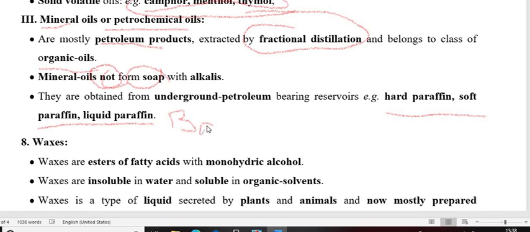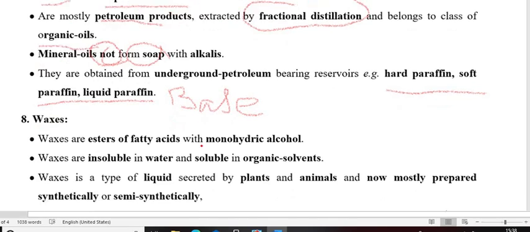So these are the very important bases used for the preparation of ointment: hard paraffin, soft paraffin, and liquid paraffin. These all the paraffins are petrochemical oils, the petroleum product.